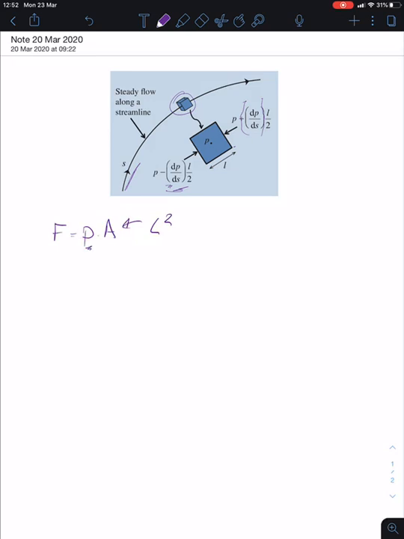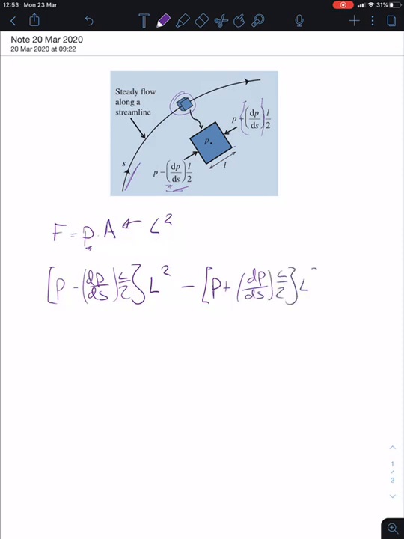So the force exerted on the cube becomes P minus dP by ds times L over 2, multiplied by L squared, less the pressure on the leading edge, P plus dP by ds times L over 2, times L squared.